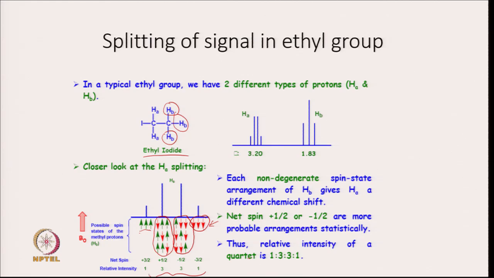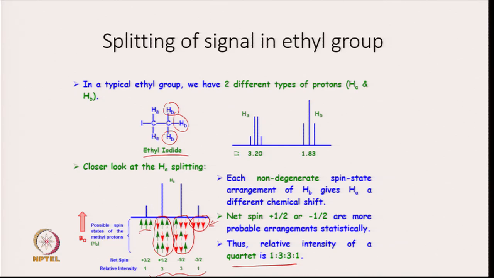And so, the relative intensity of quartet will be 1:3:3:1. So, the signal of HA splits into 4 because of presence of 3 HB protons, and that can be converted into a rule that if there are n protons nearby, then the splitting will be in n plus 1 peaks.